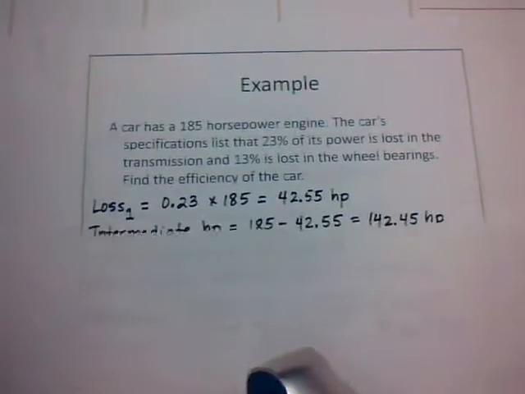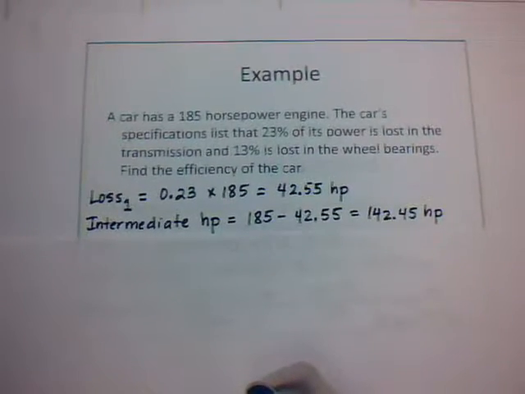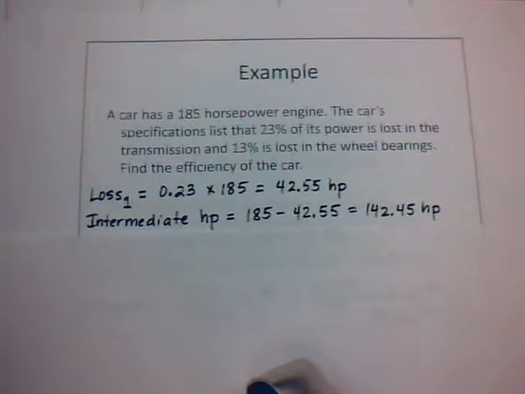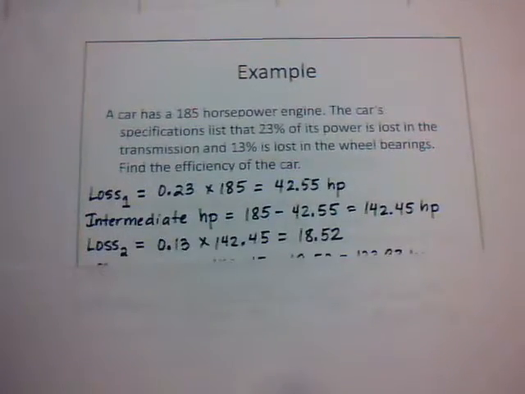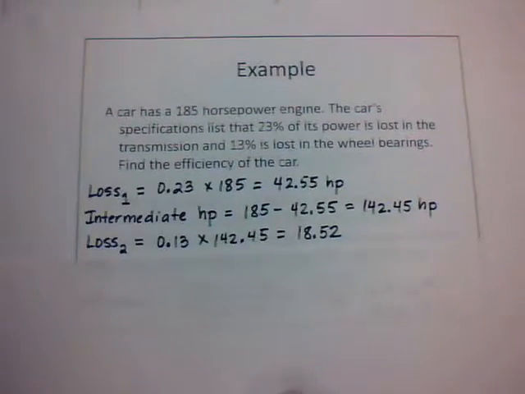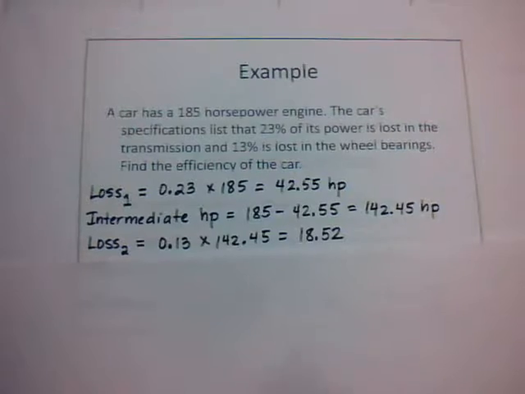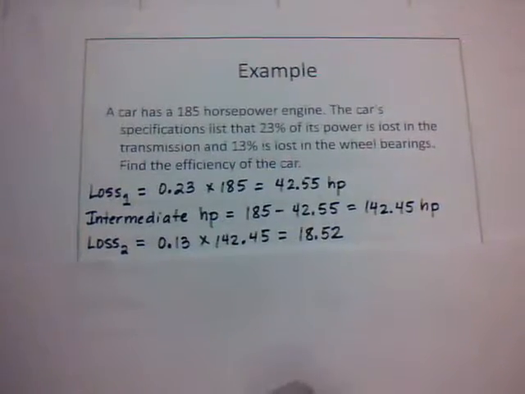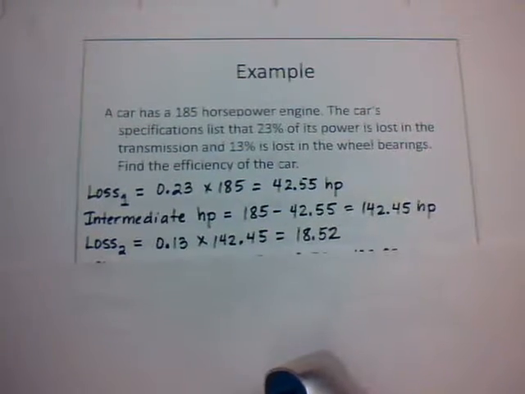So that means our intermediate horsepower will be found by subtracting that 42.55 from the 185 to get 142.45 horsepower. And then we'll look at the second loss. That's the loss in the wheel bearings, which is 13%. So it'll be 0.13 times 142.45, which will be 18.52.